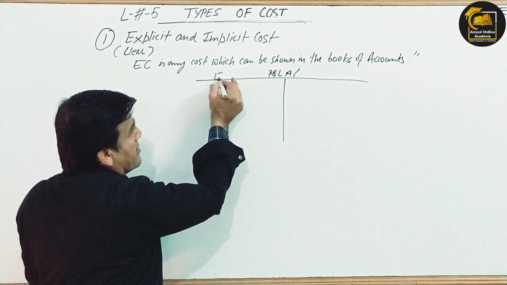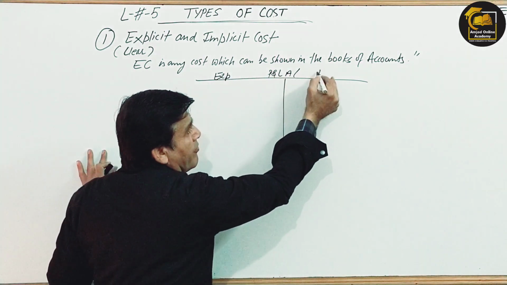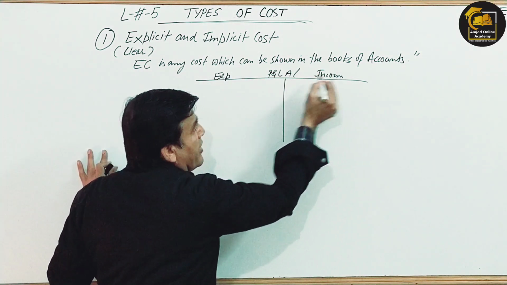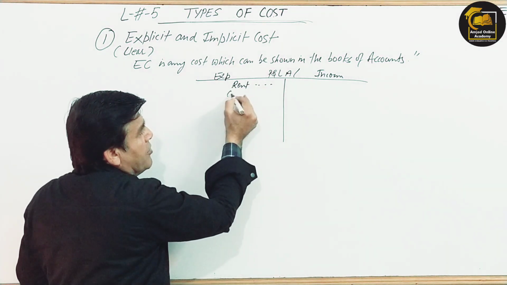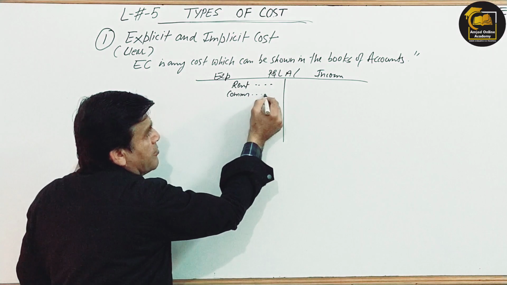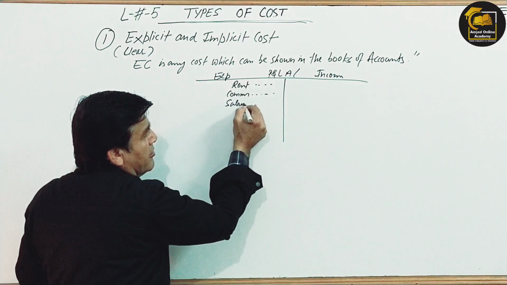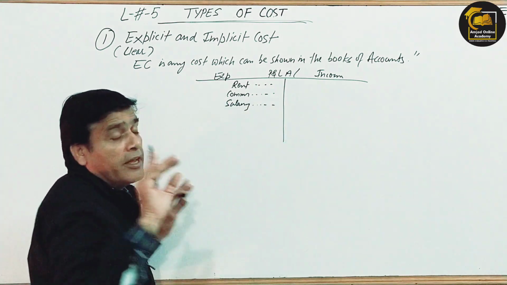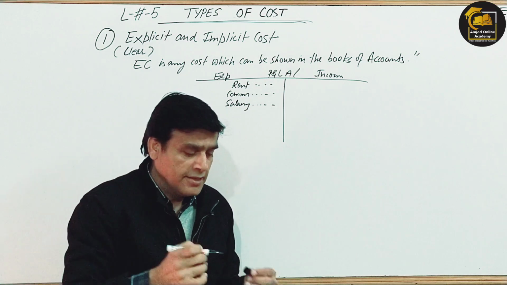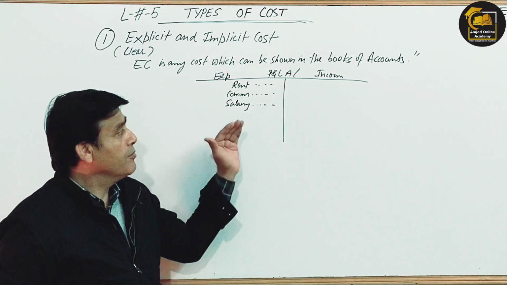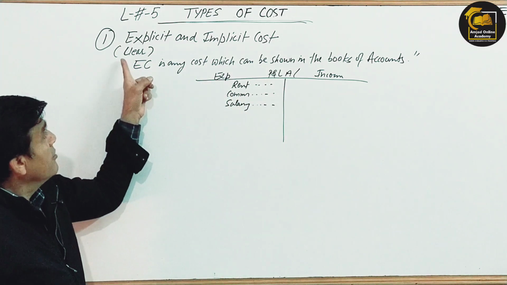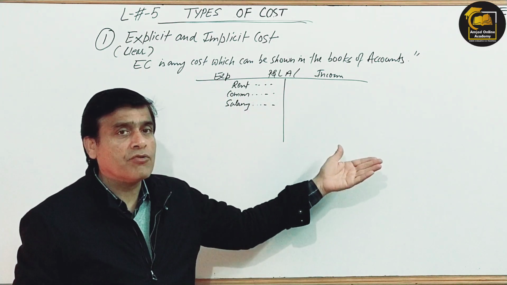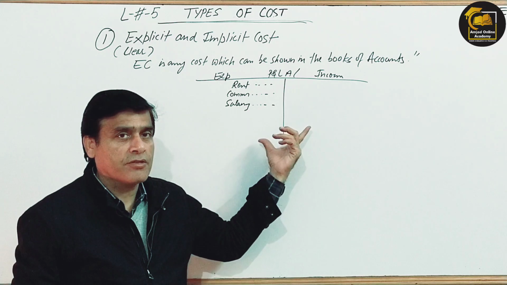You will write a lot of expenses like rent this much, commission this much, salary this much. So whatever cost, whatever expenses you have disclosed in the books of account, which you have shown, clear here means which you have made clear in the books of accounts. That is your explicit cost.